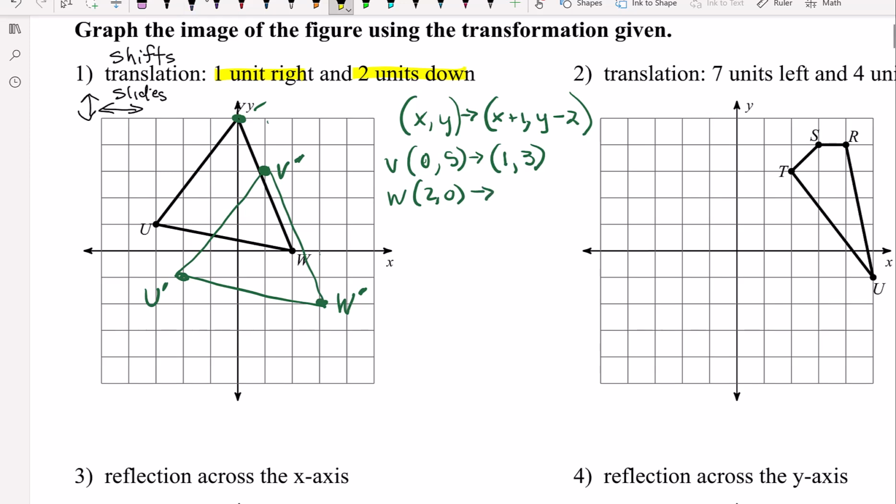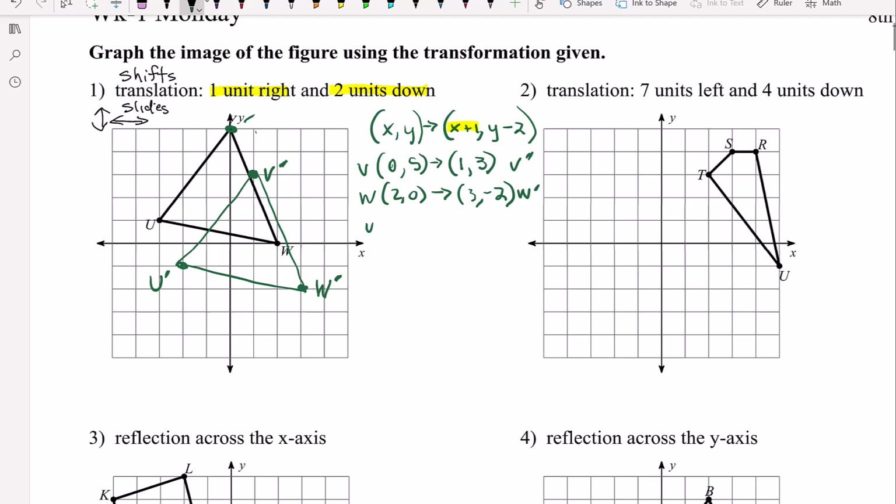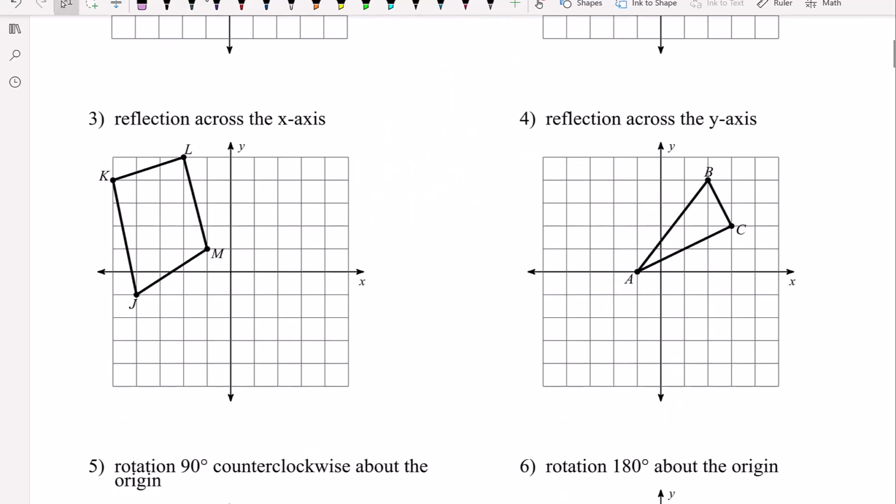Well, this says x plus 1, so 2 plus 1 is 3. And y subtract 2, the y was 0, 0 subtract 2 is negative 2. So this would be the W prime. This would be the V prime. All right, you get the idea. So you do that on the translations.